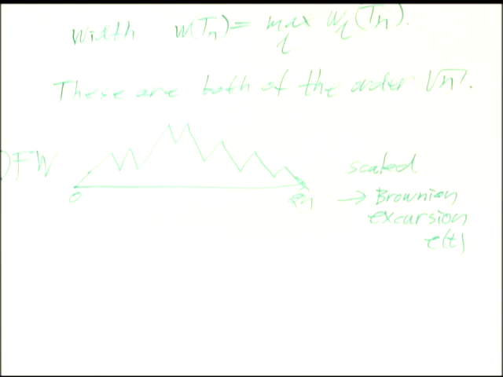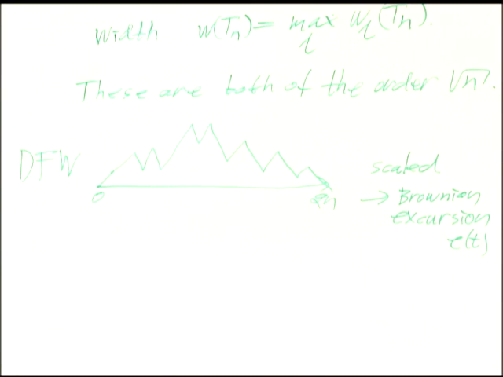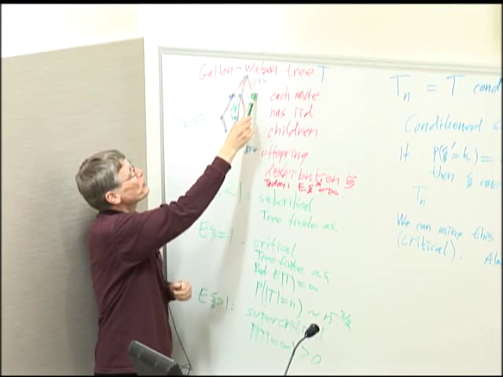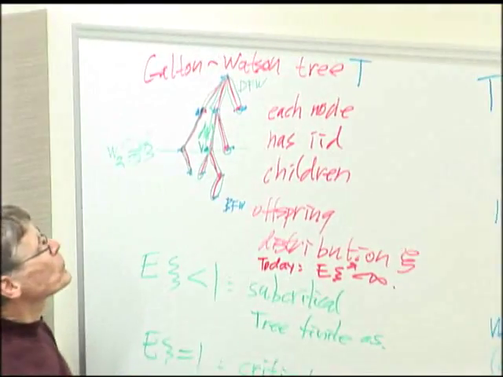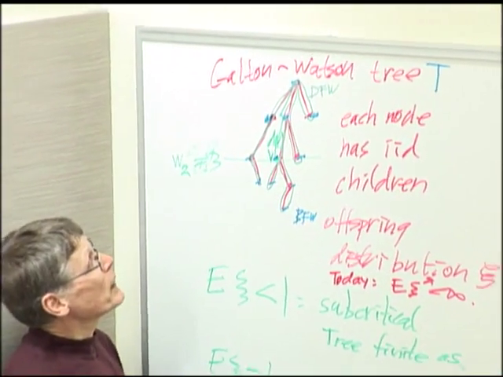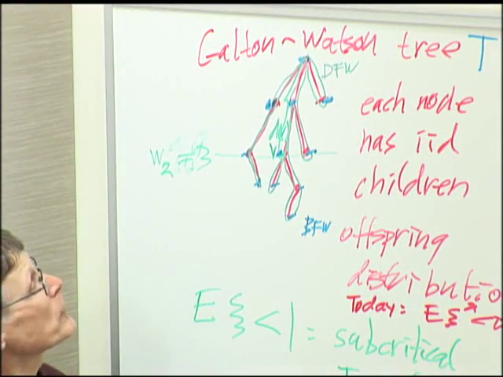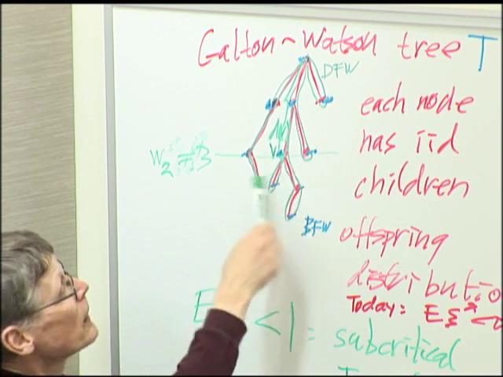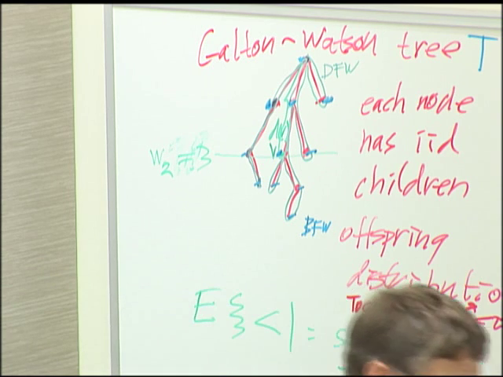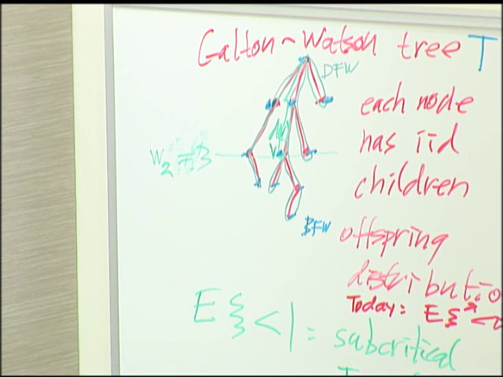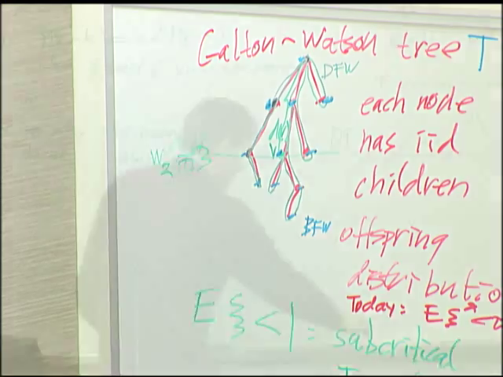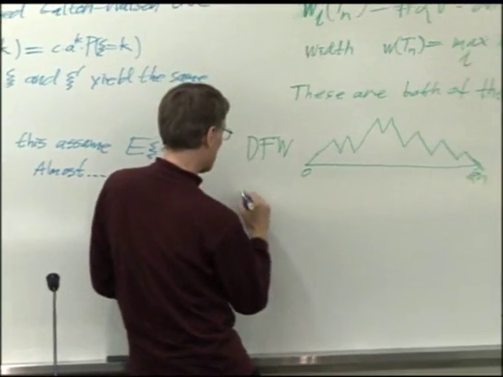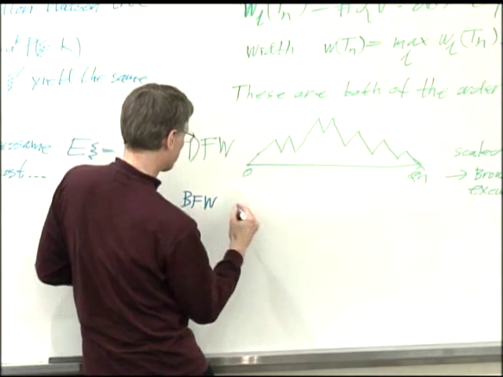If we look at the breadth first walk, well, if we count how many nodes we have in the queue each time, so how many vertices we have found but not yet processed, we will see that that is actually a simple random walk conditioned on return to 0 at the right place. So let's take the breadth first walk.